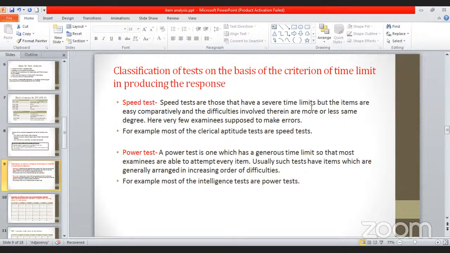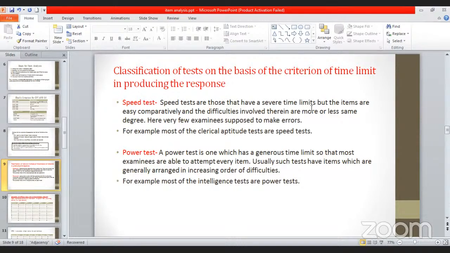And a power test is one which has a generous time limit, so that most examinees are able to attempt every item. Usually such tests have items arranged in increasing order of difficulty. So in the case of the power test, the main focus is on the ability of the individual to answer the items. It doesn't emphasize the time limit.